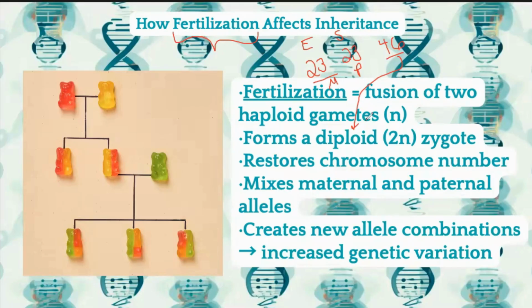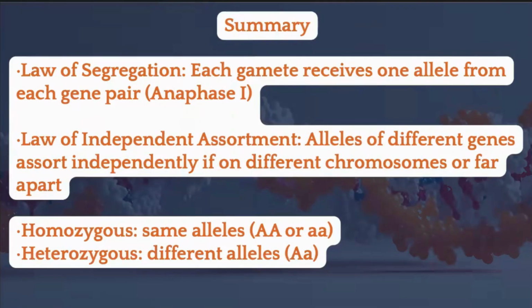This creates a whole new allele combination and increases the genetic diversity. When we talk about this, we note that we spoke about the law of segregation and law of independent assortment, and how homologous means same chromosomes and heterozygous means different chromosomes.